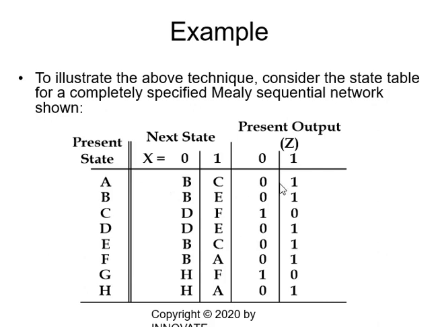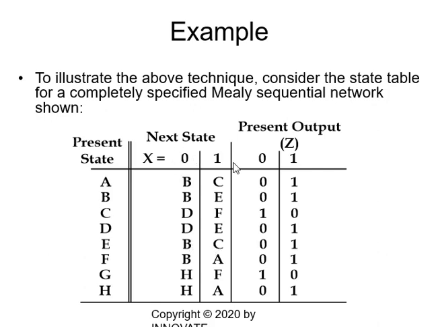It's very obvious that A is equivalent to E because their next states are the same, and if they are the same, they are equivalent. For B, under x equals 1, we have the next state C, and the present state A, and for present state E, also we have the next state C under x is 1.